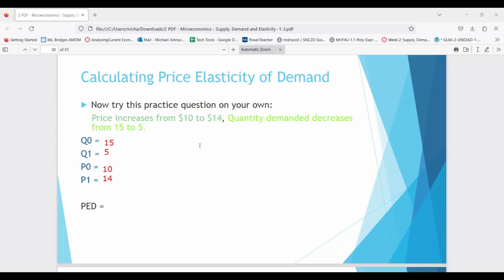Yeah, good job. So you can either use the midpoint method or the percent method. So try that and let me know what you get.